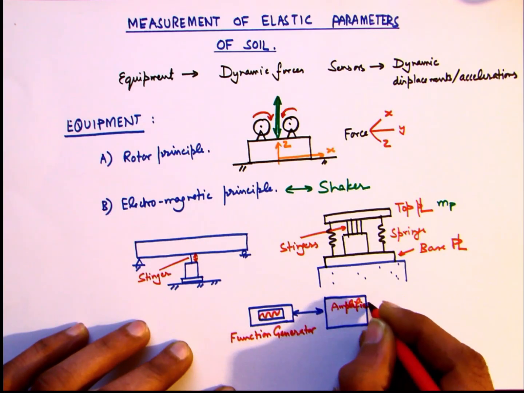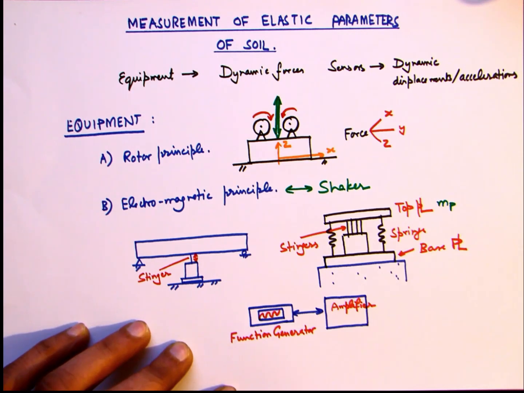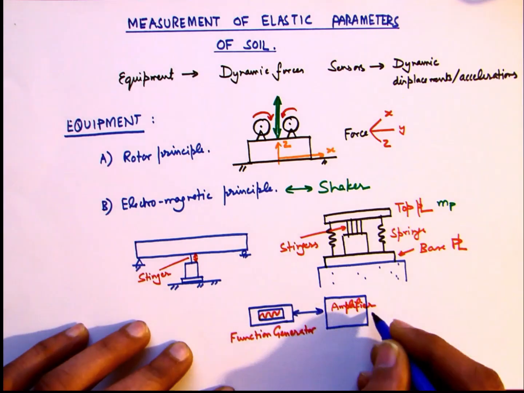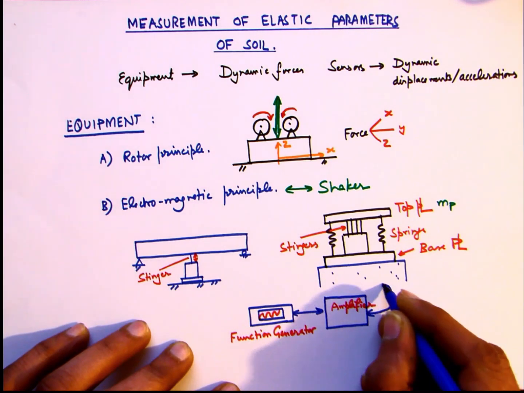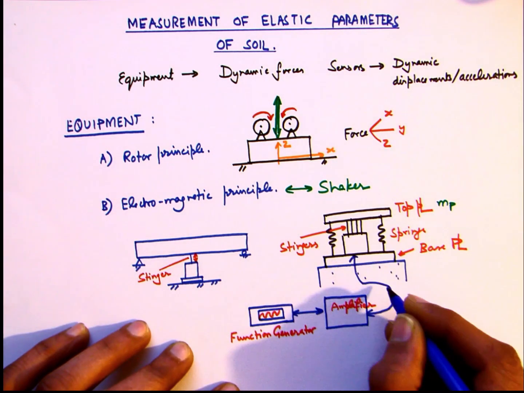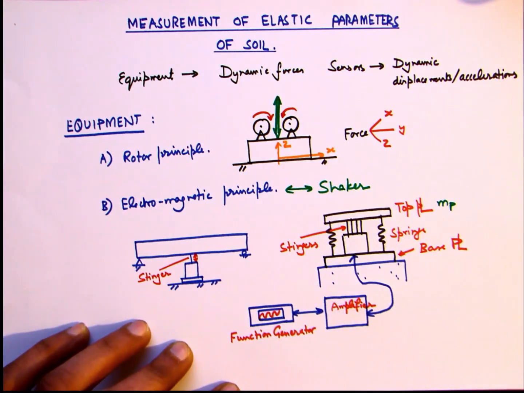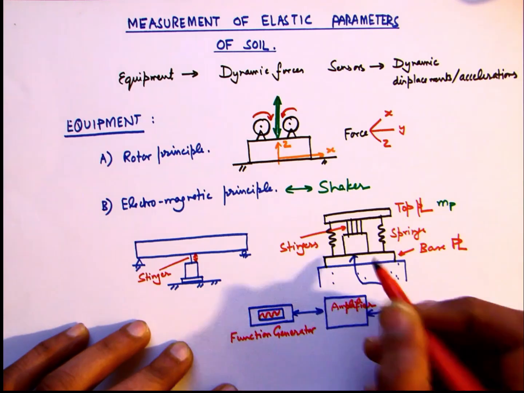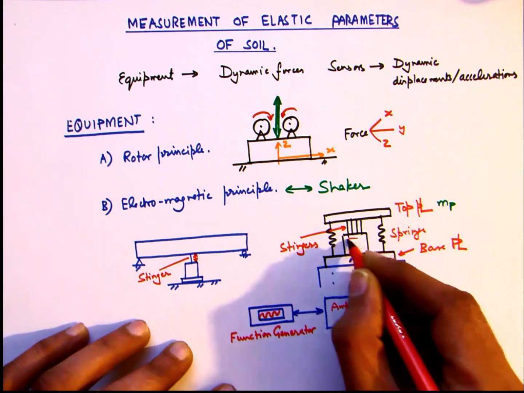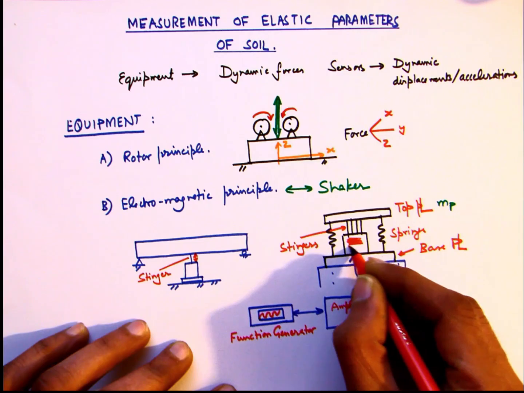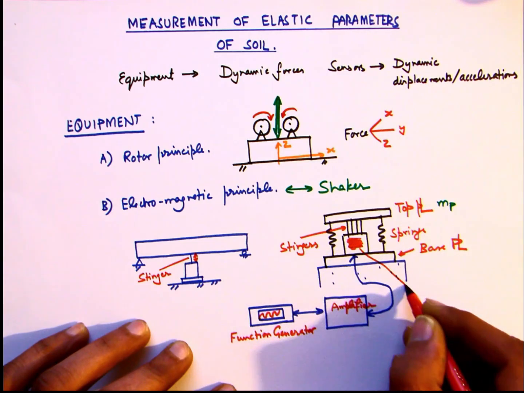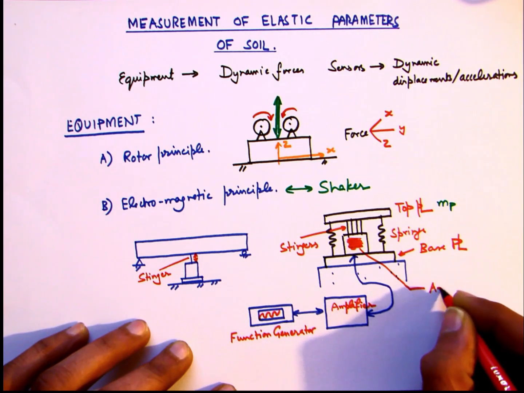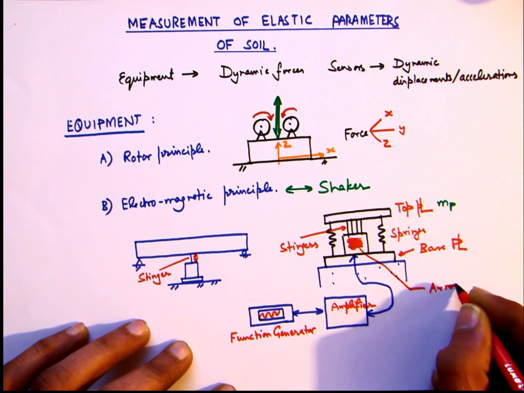The signal is then transferred to an amplifier which amplifies it, and then this amplified signal is transmitted to the shaker. The shaker has a special coil called as armature coil, and this is the main element of the shaker.